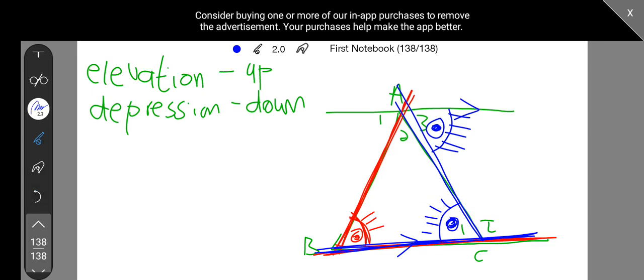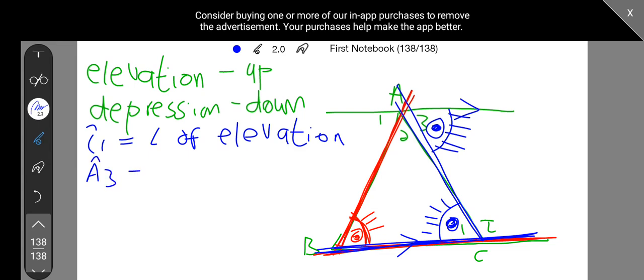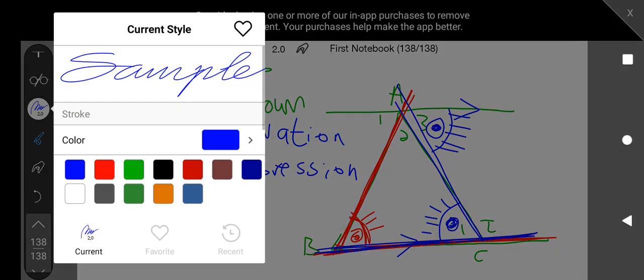Because C1 is equal to the angle of elevation, and we are saying that the angle of elevation is equal to the angle of depression, therefore it means that A3 is equal to the angle of depression. So next time if they say to you, find the angle of depression, first of all, find the angle of elevation. And then at the end, we know that the angle of elevation and the angle of depression are the same.